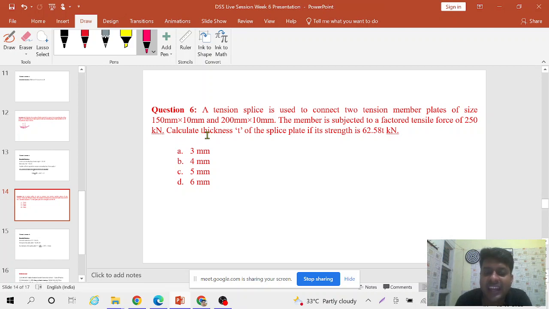They are asking to calculate the thickness of the splice plate if its strength is 62.58 t, where t is the thickness. The strength of the splice plate is 62.58 t, and the members are experiencing 250 kilonewton of load. So what will be the thickness?